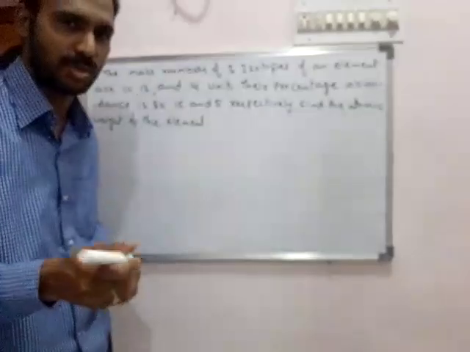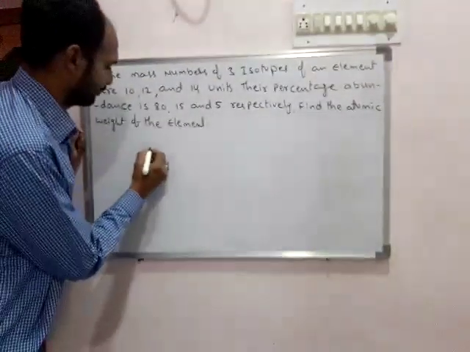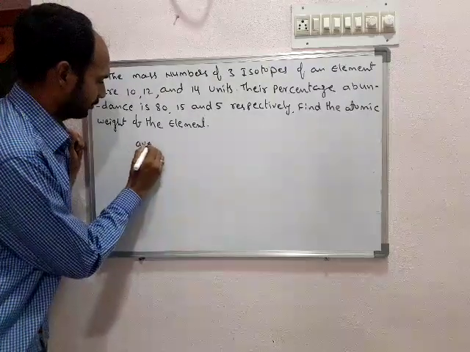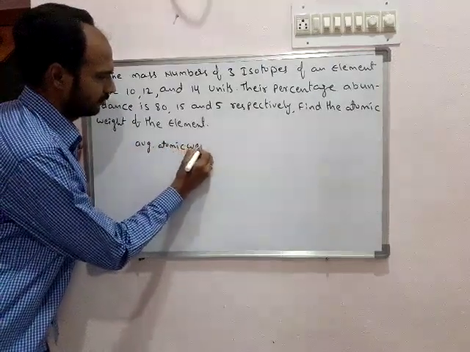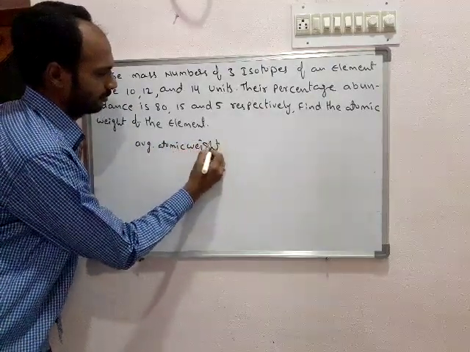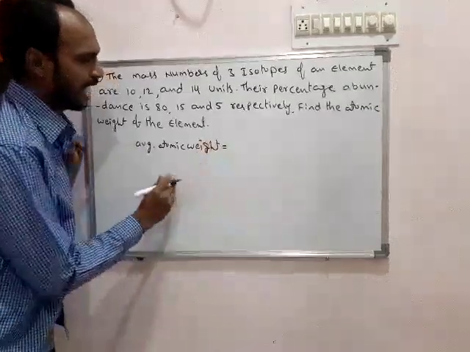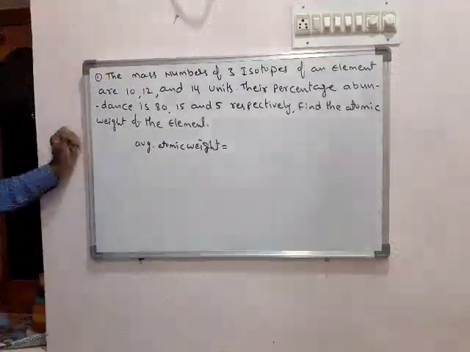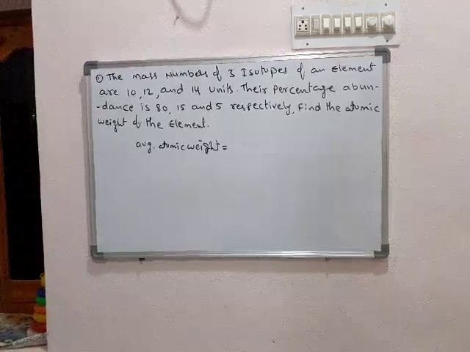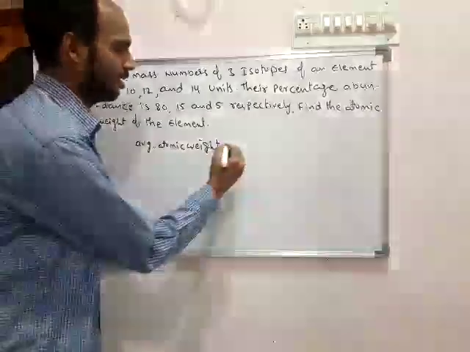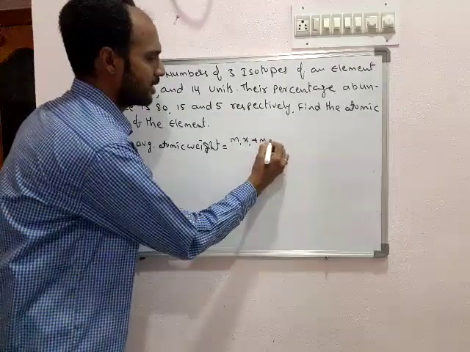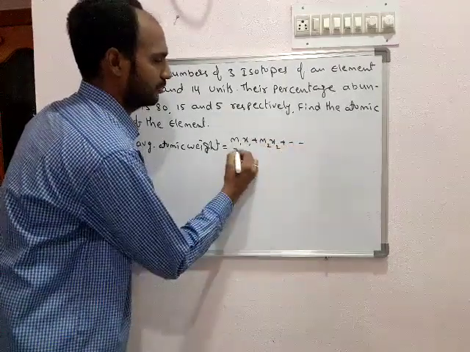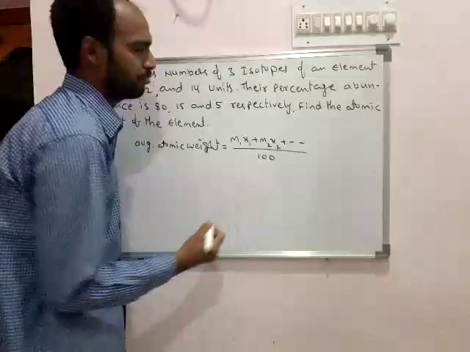There is a formula to find the average atomic weight: average atomic weight is (M1x1 + M2x2 + ...) by 100.